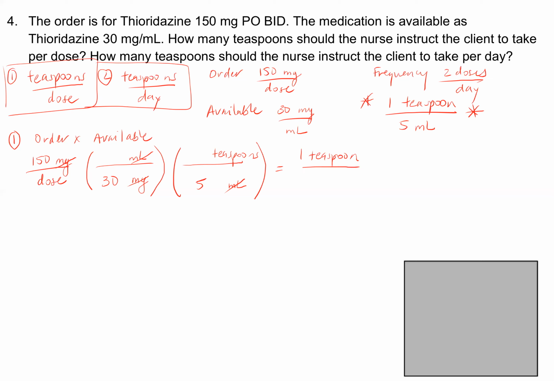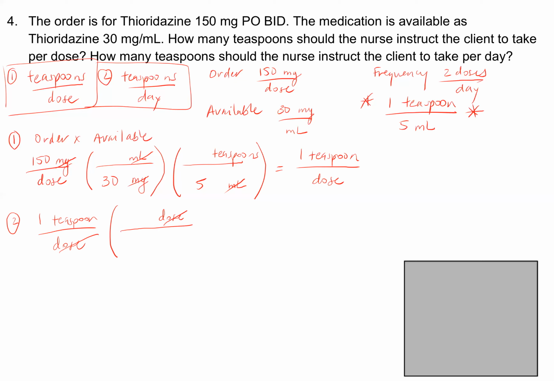teaspoon per dose. However, that's an answer for the first part of the question. The second part of the question, we're looking for teaspoons per day. So I'm going to go ahead and rewrite it so you can see it. And our frequency, we want doses on the top.